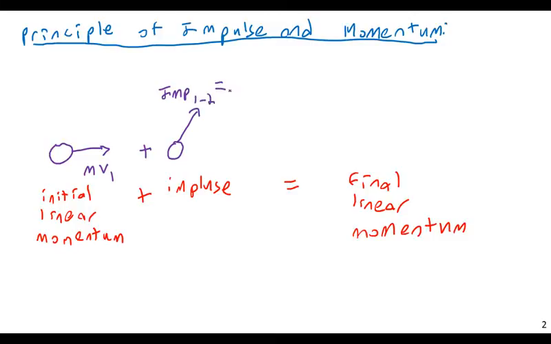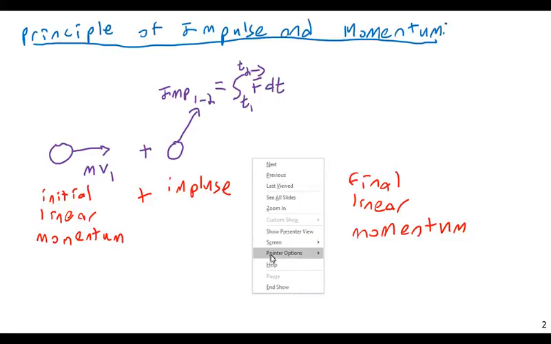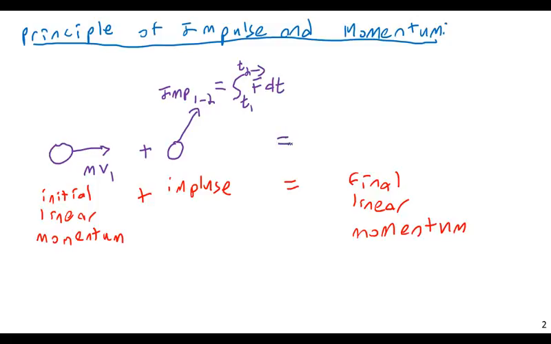This will be equal to the integral of f dt from t1 to t2. And then this will be equal to simply mv2. And we could actually say that this is a vector.